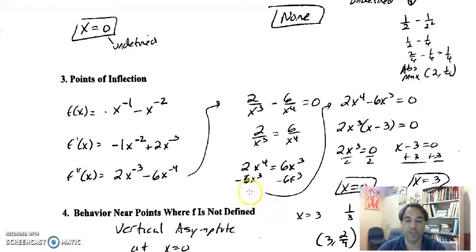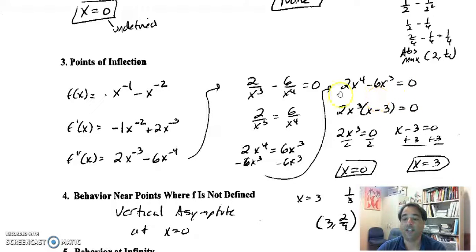Subtract 6x to the third to the other side. So we have 2x to the 4 minus 6x to the third equals 0. We're going to factor out a 2x to the third, leaves me with (x minus 3) equals 0. 2x to the third equals 0, therefore x equals 0. x minus 3 equals 0, add 3, x equals 3.